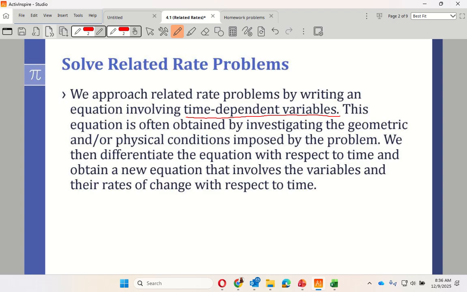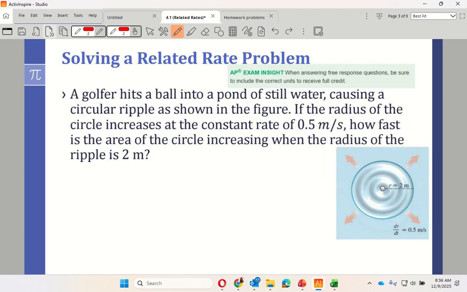Mostly not. We have to add that for this. Attained by investigating the geometric and or physical conditions imposed by the problem, we then differentiate the equation with respect to time and obtain a new equation that involves variables and their rates of change with respect to time. Bam.